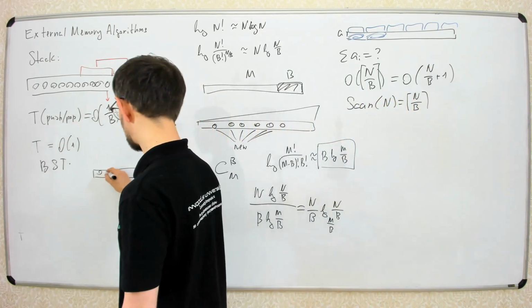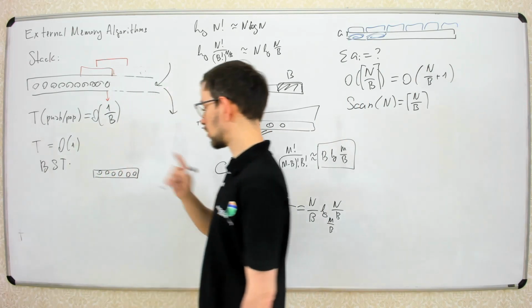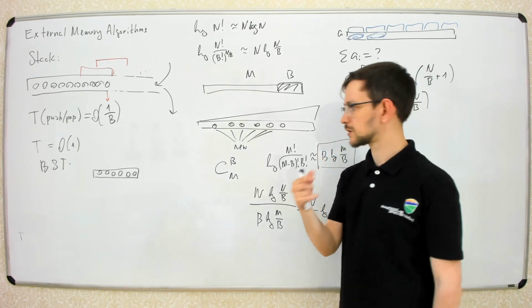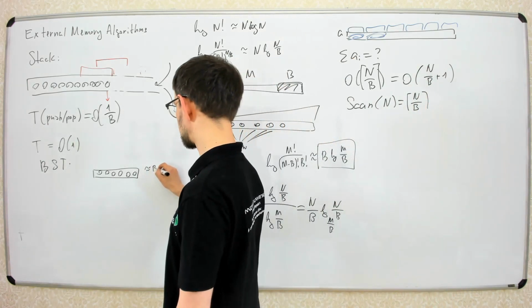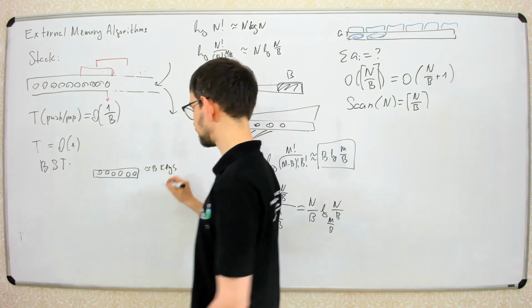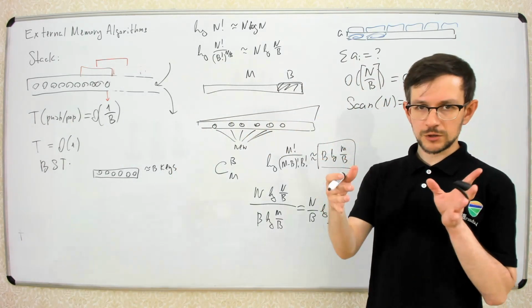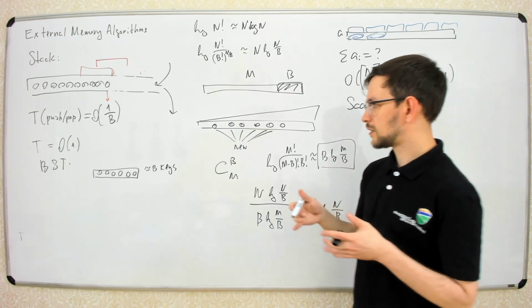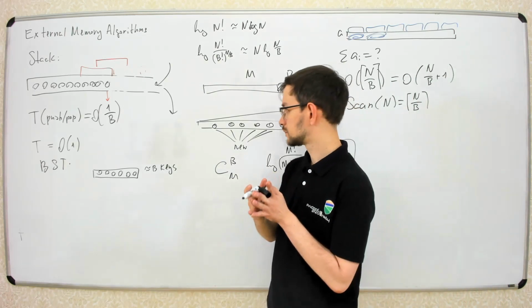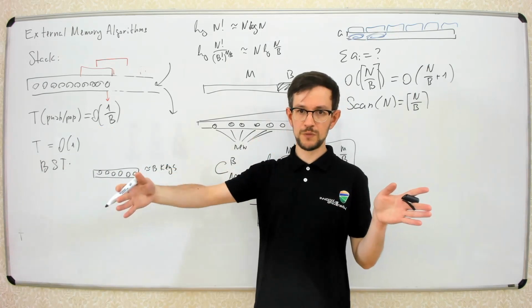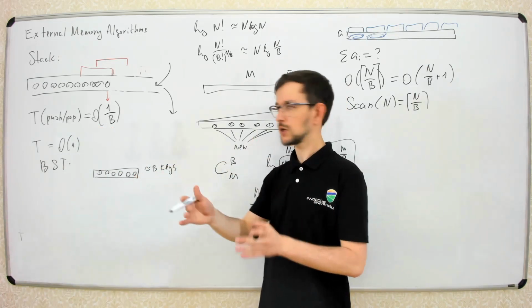So each node of your search tree will contain not a single key but B keys. If you have B keys in your node, then the whole field of elements will be separated into B+1 segments, right?